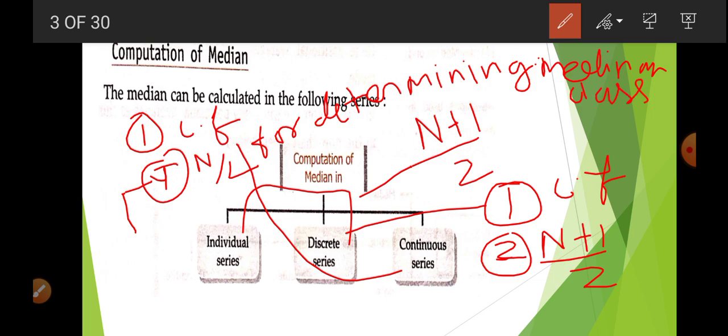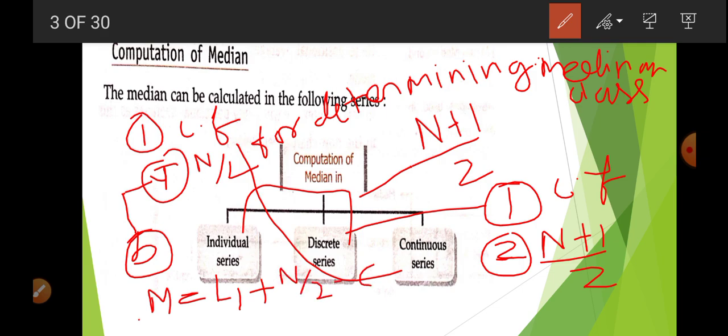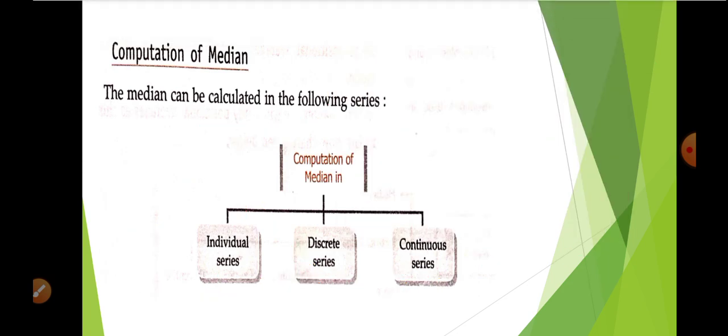And after that for the exact value we use the equation M is equal to L1 plus (n upon 2 minus CF) upon F multiplied by i. Okay, so this much we had learned in the previous video.